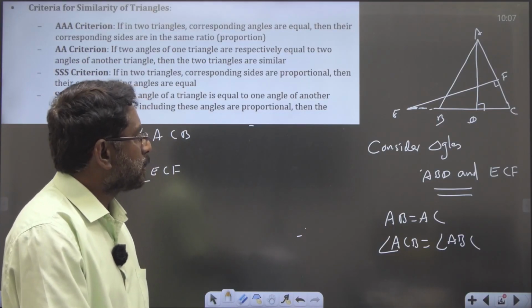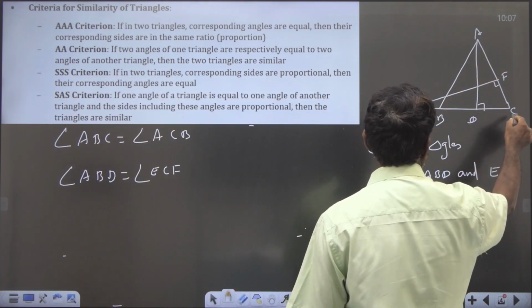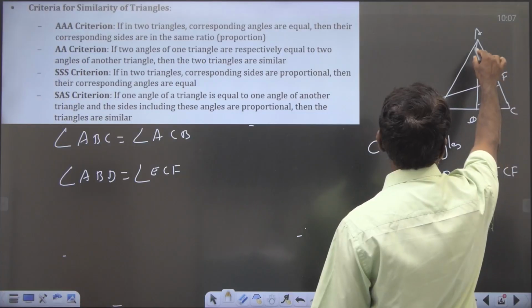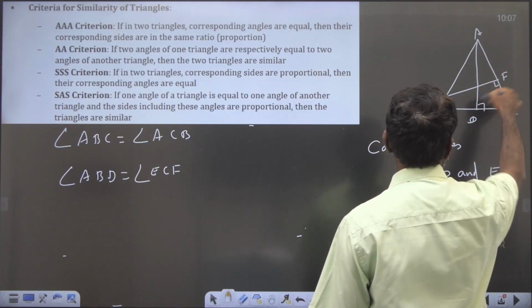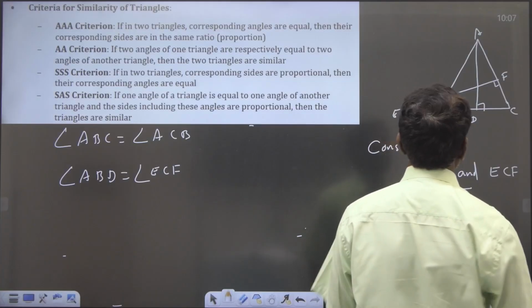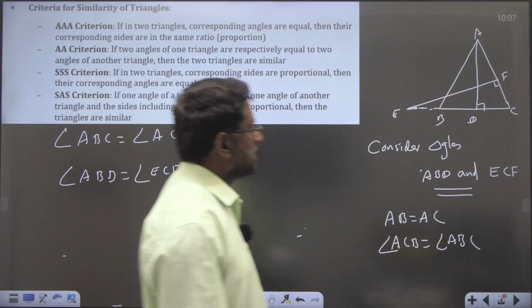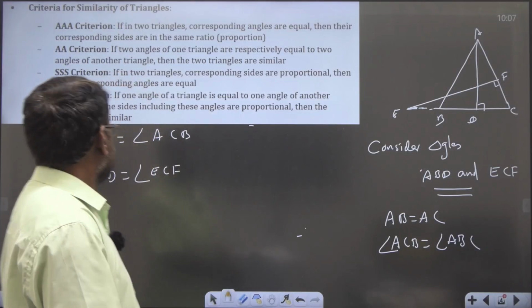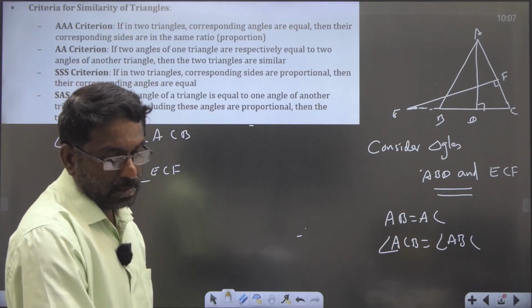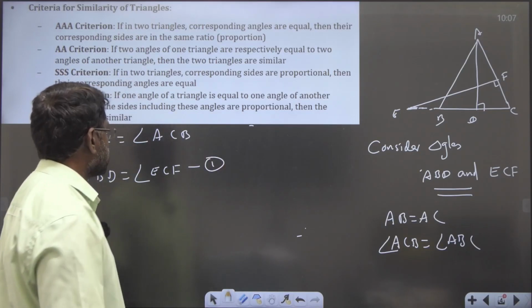These two triangles have perpendiculars and these angles are equal. Therefore, angle ABD is equal to angle ECF. Take it as equation 1.